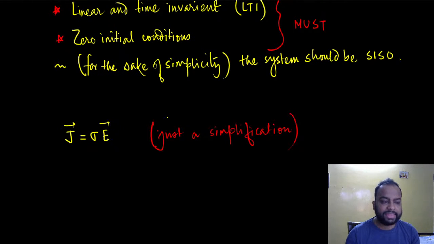And the worst assumption here is the zero initial condition. The moment we assume zero initial conditions, we are throwing away some inherent behaviors of the system. If you have capacitors and inductors and you are doing transfer function modeling, you assume that before you start the system, everything is completely discharged and demagnetized.